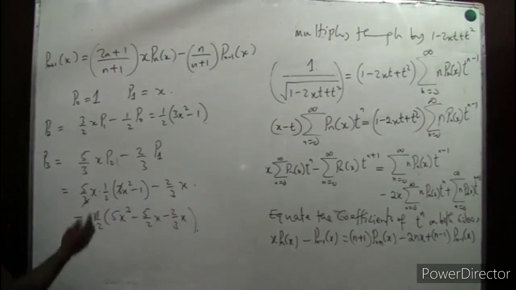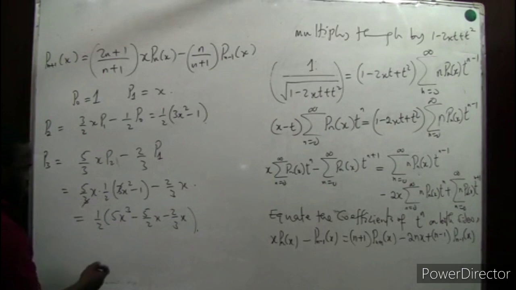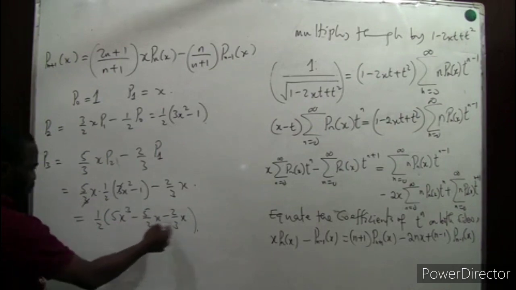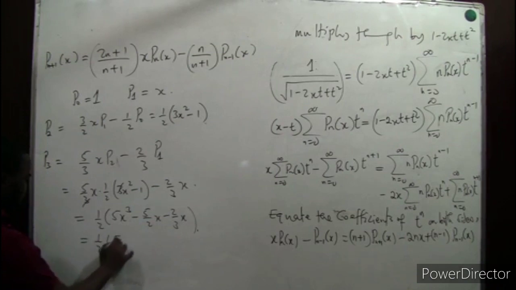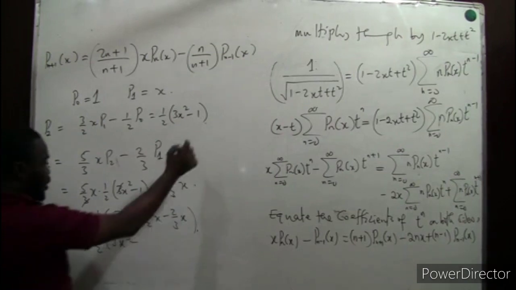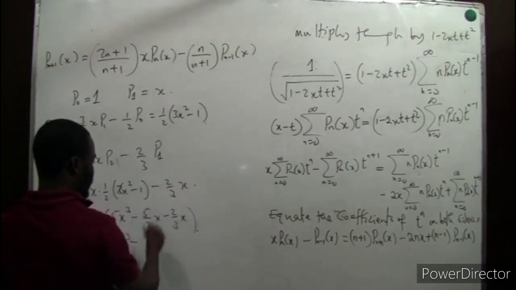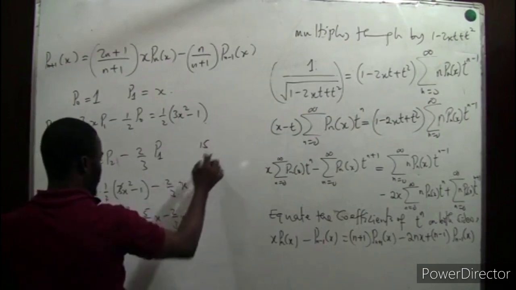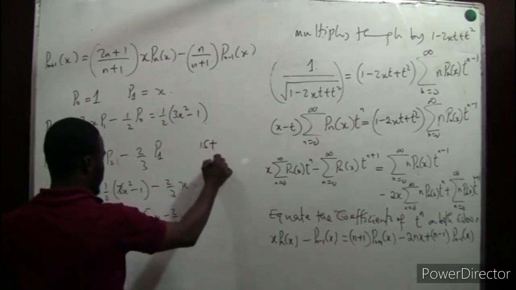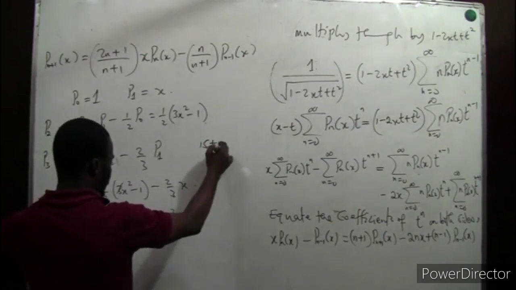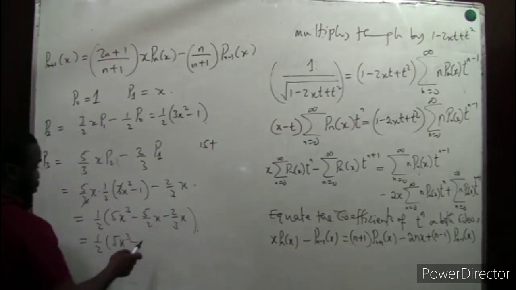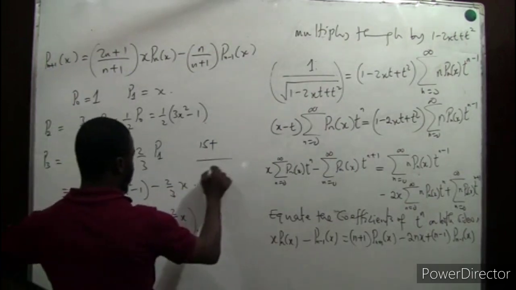That's what we have. So with this, we can do some fractional work there. 5x cubed minus, that becomes 15 plus 6. 15 plus 4, is it plus 4? 6 is the LCM.